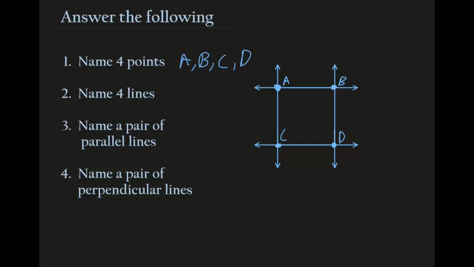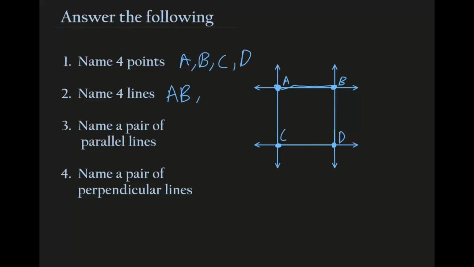Now we are going to name 4 lines. So how do you name a line? We are just going to look at the points. So we have one line right here, from A all the way to B. That means that our first line's name is AB.